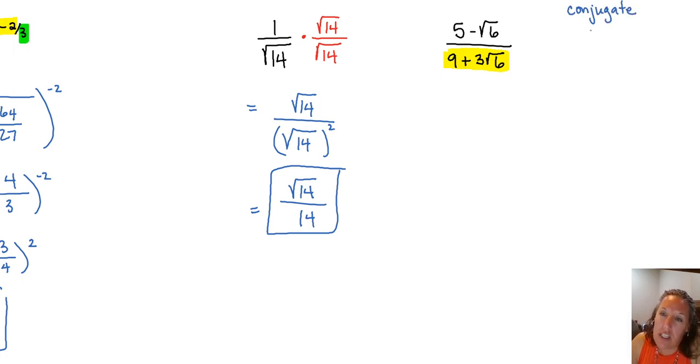A conjugate pair is something in the form of a plus b and a minus b. The numbers are exactly the same. The only thing that changes is whether we're adding or subtracting in the middle. And if you remember from our factoring and polynomial work, if we multiply this out, we're going to get a squared plus ab minus ab minus b squared.